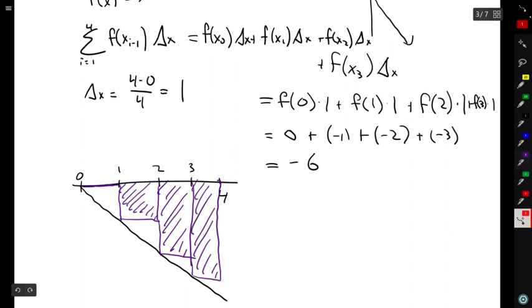So when we found this approximation of -6, what we did was we took up the areas of all of these rectangles and we made them negative because they all were below the axis. So negative areas are going to be okay for us.